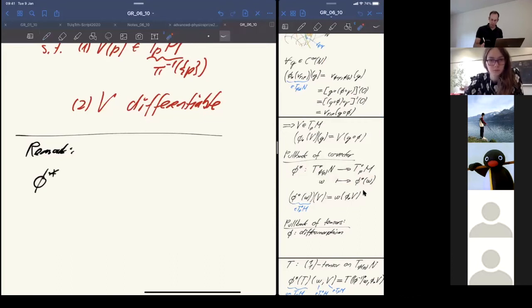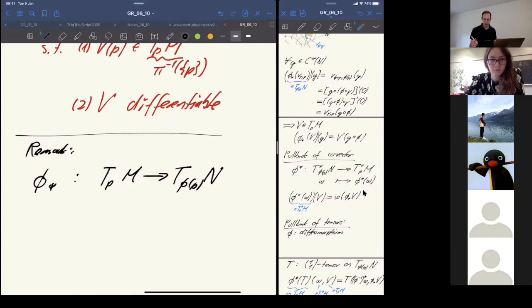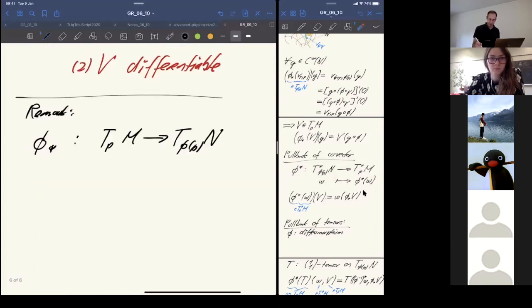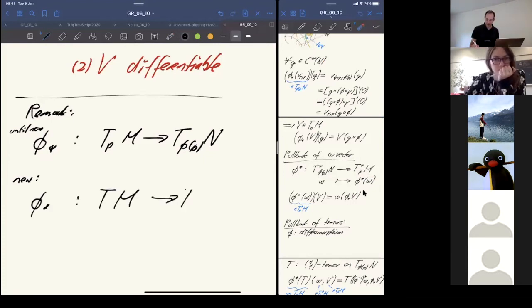Sorry, the push forward has to start downstairs. So the push forward was this, between two manifolds. And now the new thing we will do is to see it as a map from TM to TN.